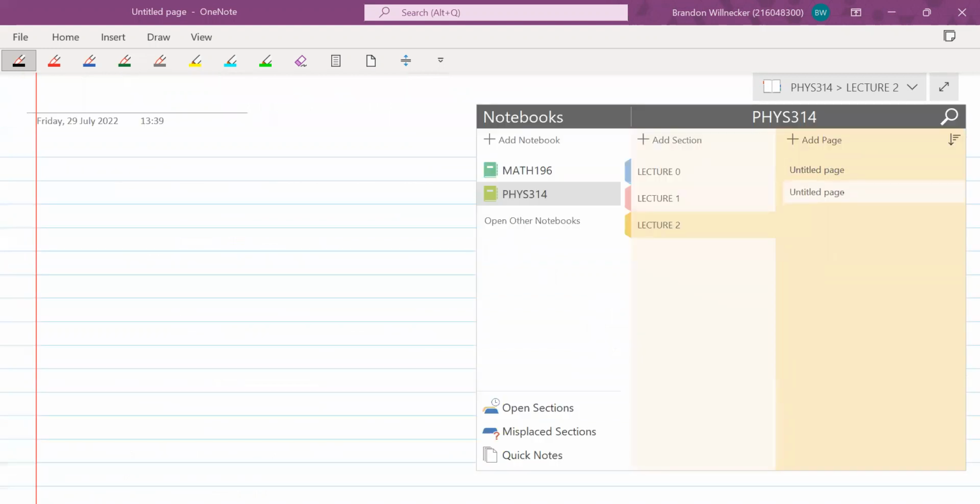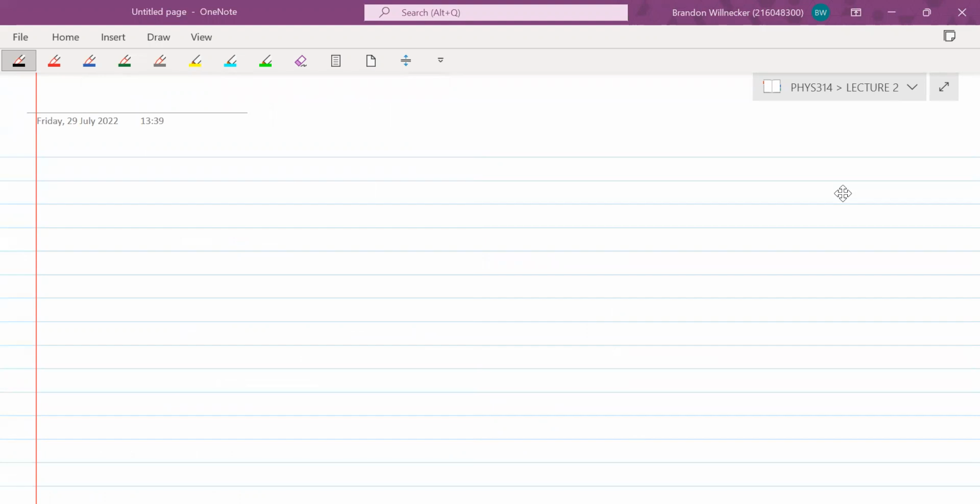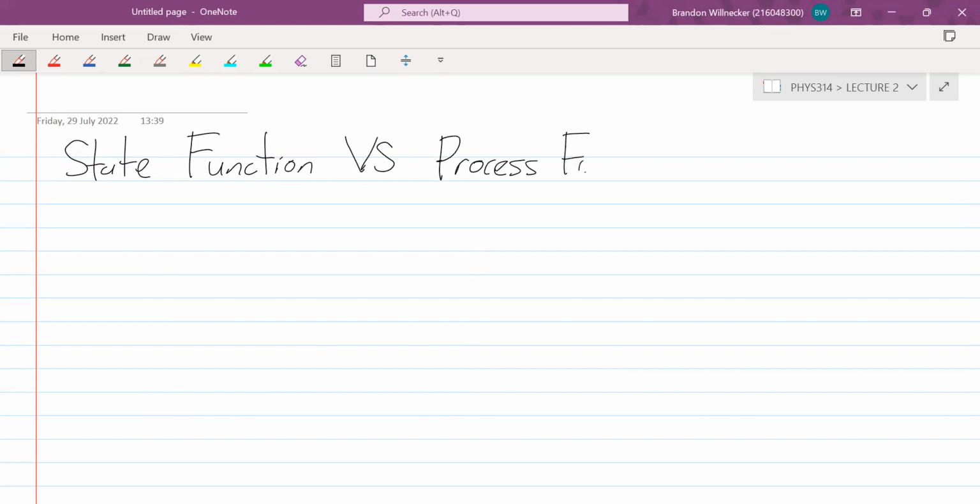Let's have a look at the next section on state function versus process function. We looked at state functions already. Remember, those were the maps. So let's write here, state function.